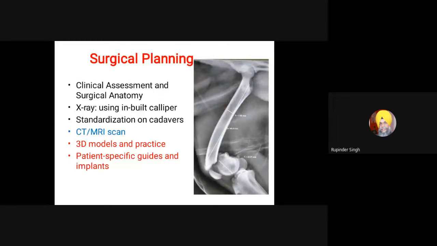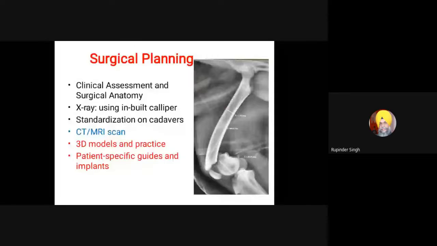We use these animals for standardization of certain procedures. In India, particularly in veterinary patients, only a few institutes have CT scan or MRI scan. This is a 3D or cross-sectional imaging, which is more beneficial.